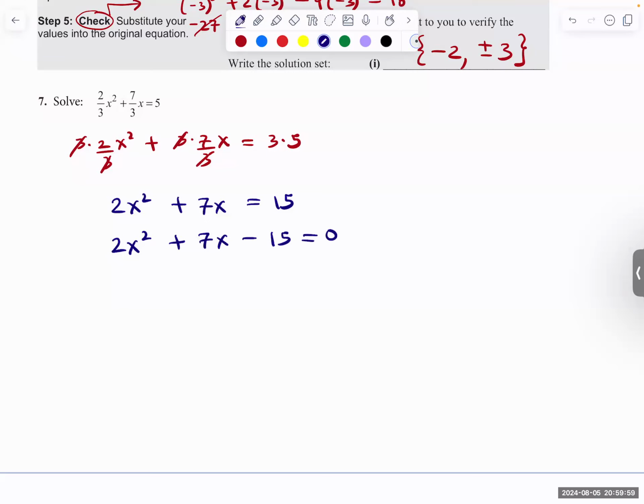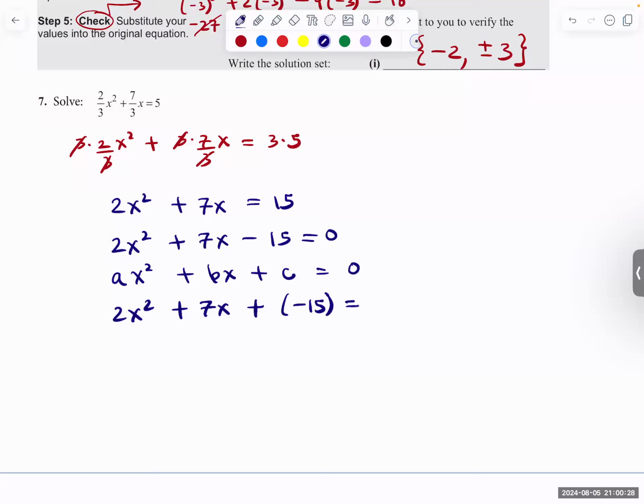Now we can use trial and error. These are relatively small numbers. There's also the AC method we can review, where A is the leading coefficient, and C is the constant. In standard form, you have only addition, no subtraction. So the minus 15 in standard form, you would write as plus negative 15.